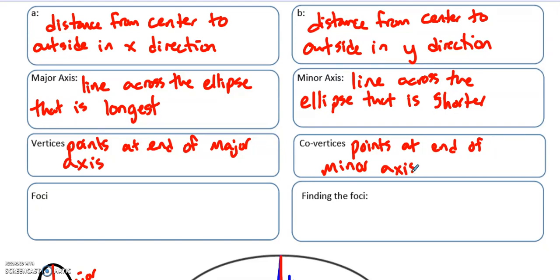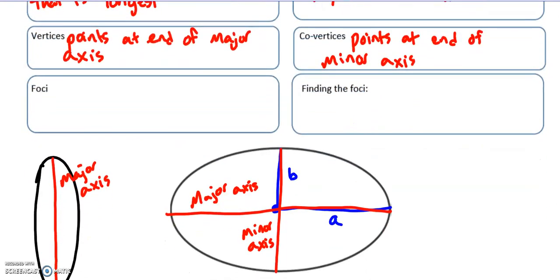So we just have different names for these points, and these are going to be the four points that we would use to graph. For example, that point, that point, that point, and that point. This guy here would be a vertex because he's on the major axis, and this guy here would be a co-vertex because he's on the minor axis.